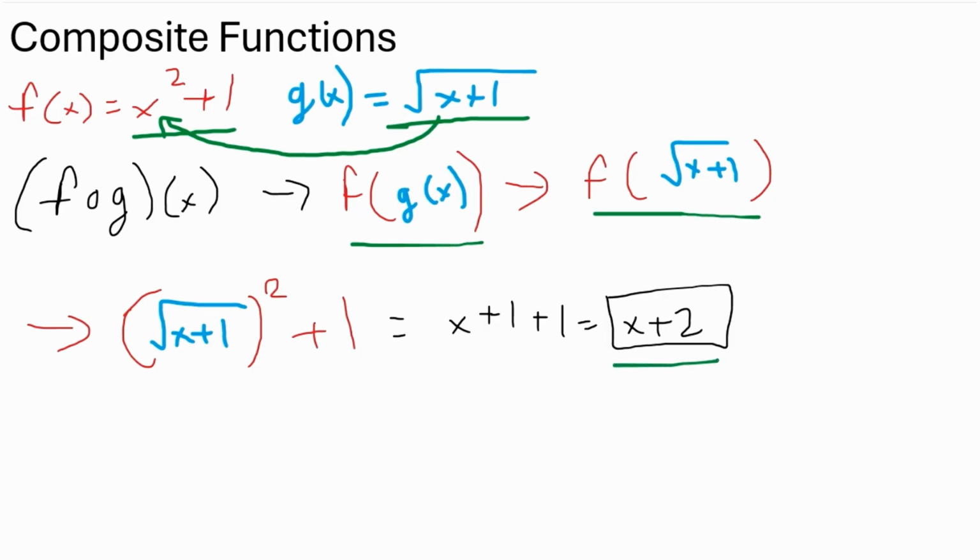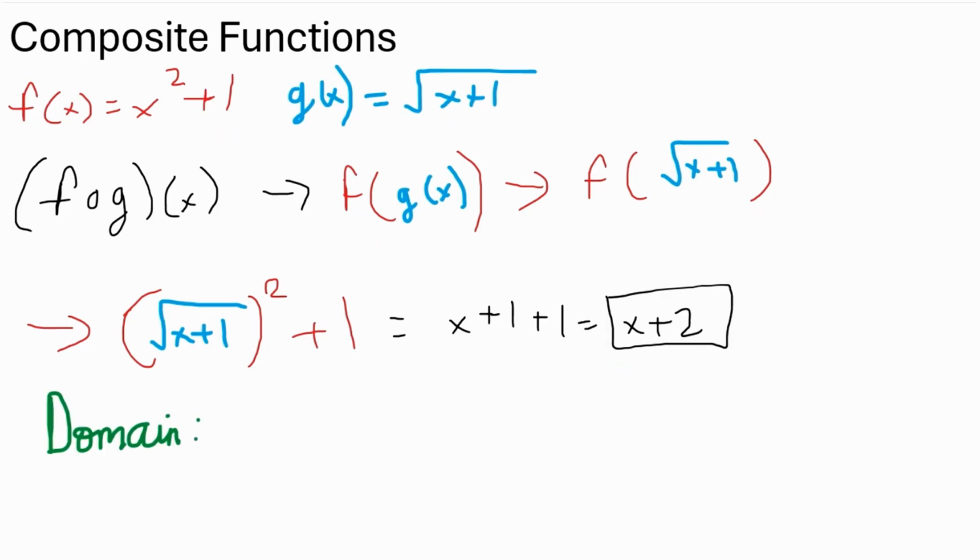It's x plus 2. Now to find the domain of these functions, it's still the overlap thing, but the two things that we check for overlap are different, because now instead of f of x, it's f of g of x. So the first thing that can't be undefined is the g of x, root x plus 1, which is the inside function, and the second thing is the whole function can't be undefined.